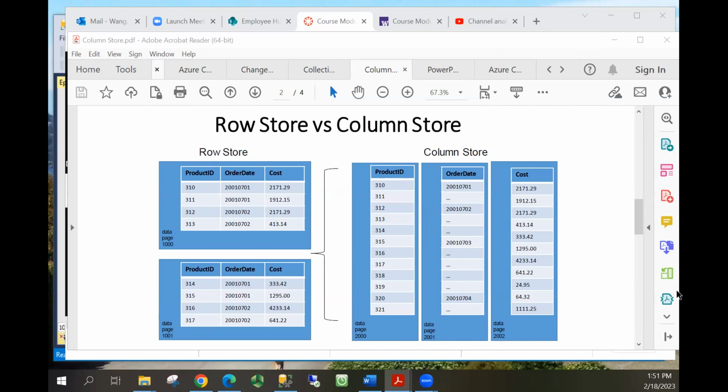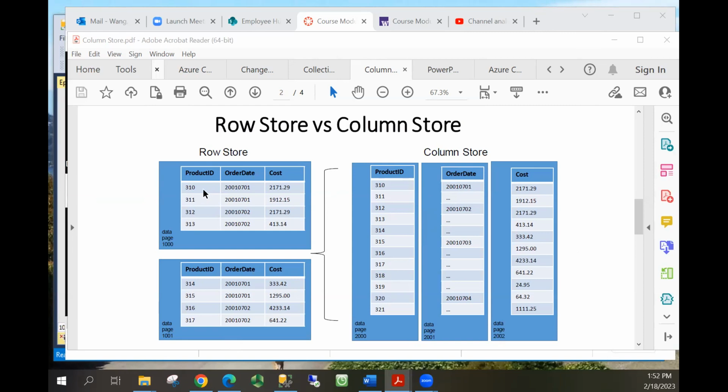So when you do data aggregation, when you do reporting, usually we focus on specific columns or a specific column. So column store is very good for supporting reporting or data warehousing.